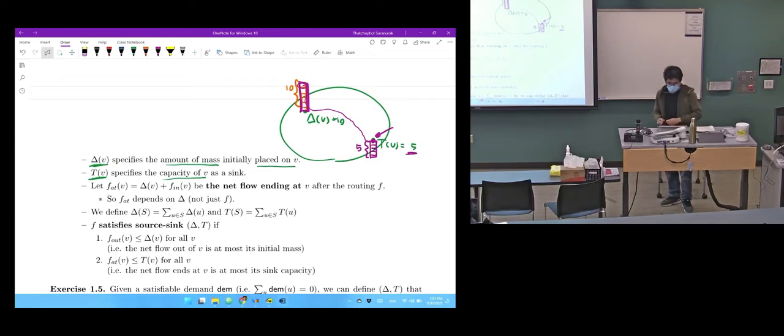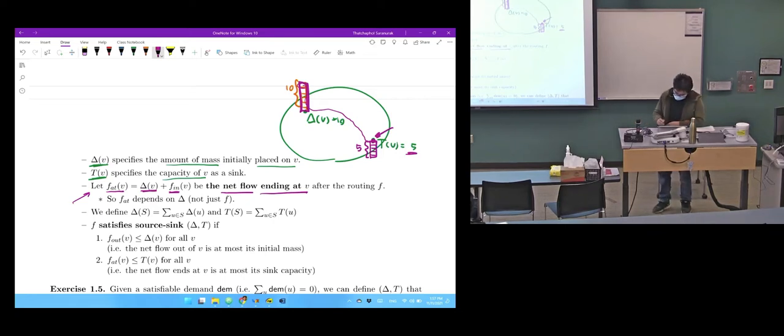Okay, so now I'm going to define more things. We can define the flow at V. Flow at V is the initial mass at V plus the total flow into V. So this is the net flow ending at V after routing F. This is just the definition, but it makes sense, right?